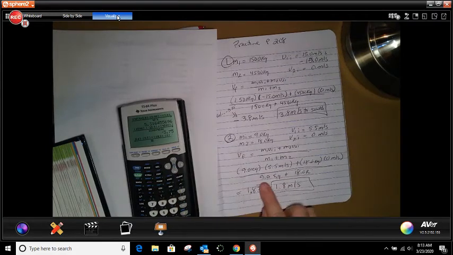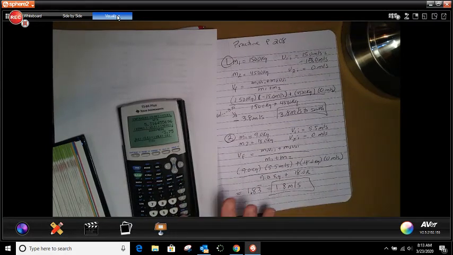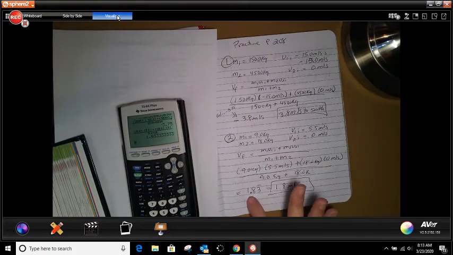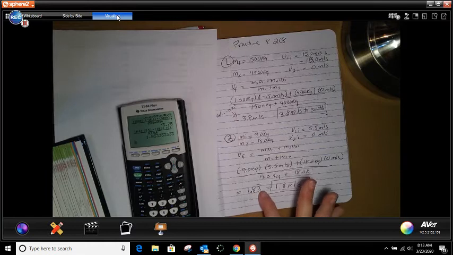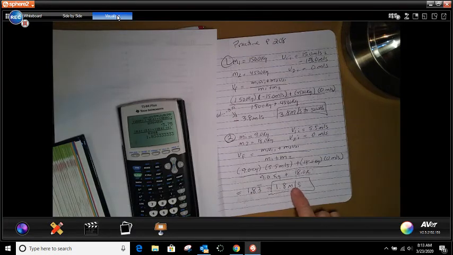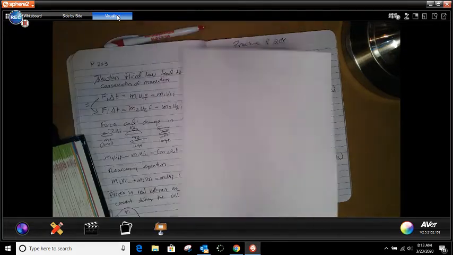Down below, 9.0 plus 18, and that gets us 1.83 repeating. Since it's 3 repeating, we're just going to say 1.8 meters per second. That is question number 2.